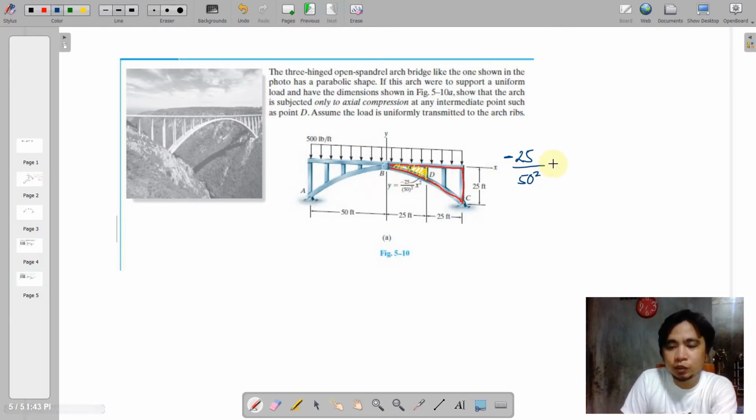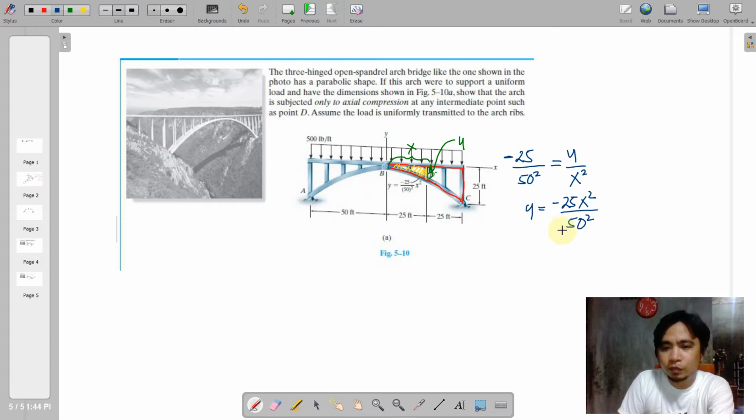And then this will be further equated to the smaller spandrel. So if this small dimension here is y, and this is x, we can say that y is to x squared. So by cross multiplication, solving for y, we have this equation. Actually, this is the equation here.